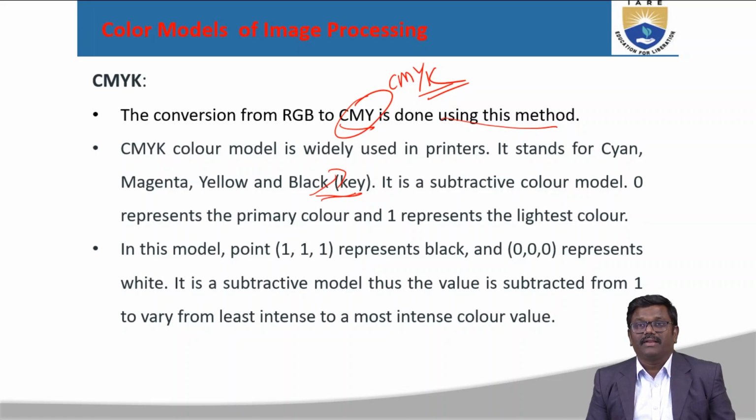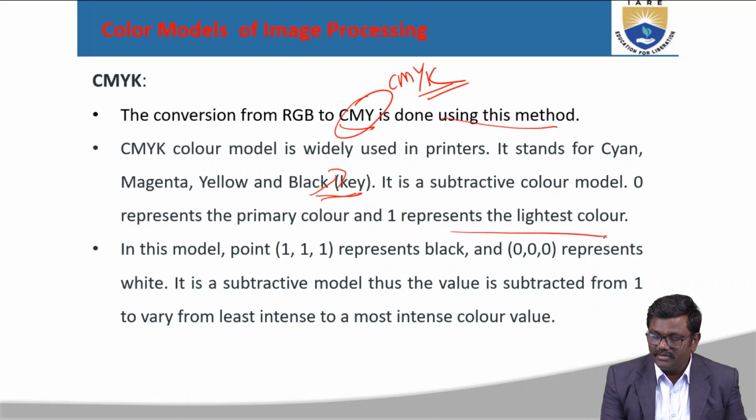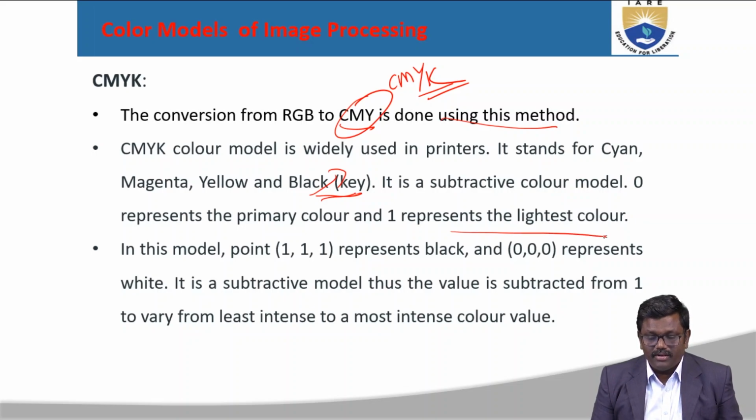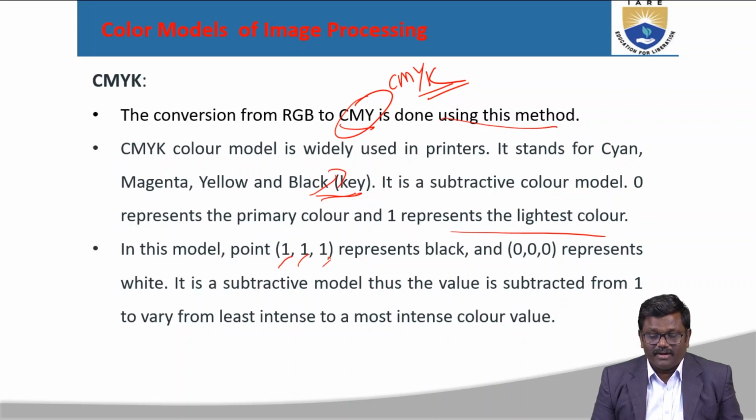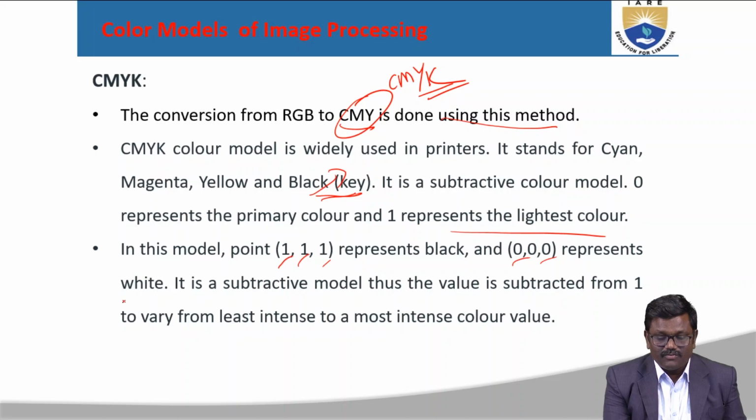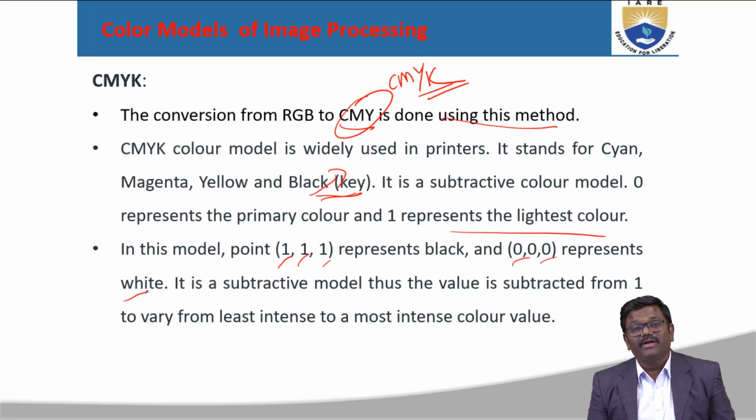That is what we are observing from here. In this model, the point 1,1,1 represents black, and 0,0,0 represents white.